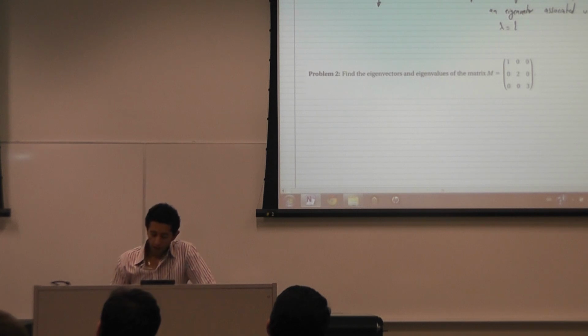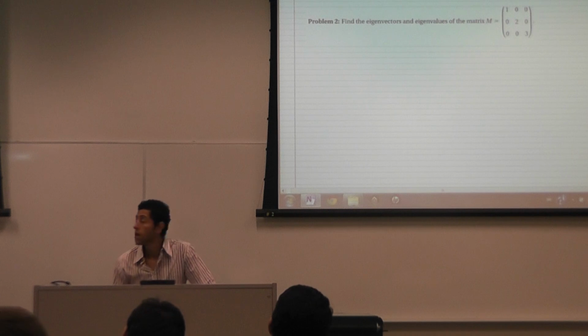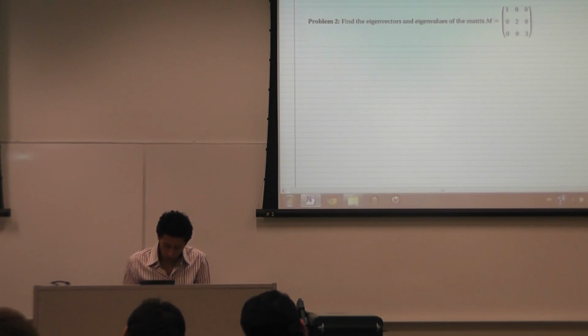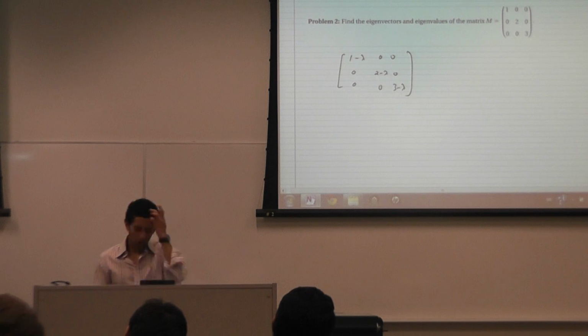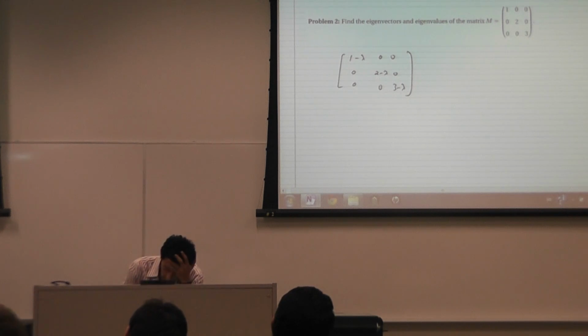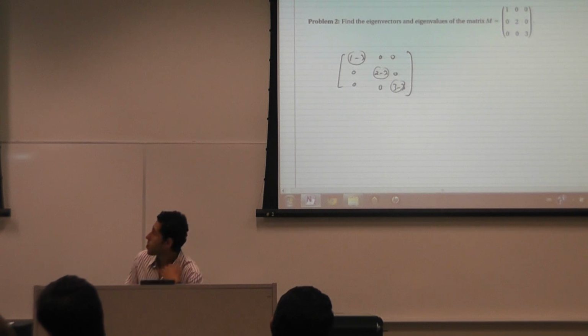Find the eigenvectors and eigenvalues of the matrix M. Now, basically, I would like to make this matrix have 1 minus lambda, 0, 0 on the diagonal. I want it to be not invertible. Right away, I know that if I make this 0 and this 0 and this 0, this matrix will not be invertible.